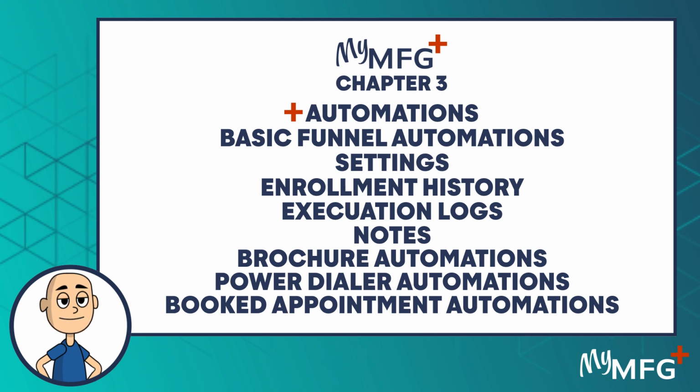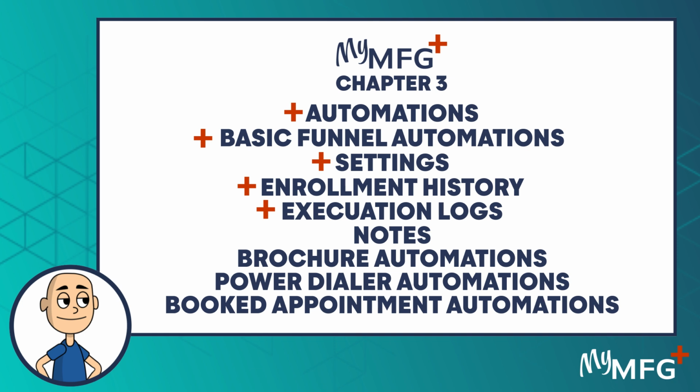This is really one of the key features inside of the MFG Plus CRM and allows you to really take your CRM to the next level by automating a lot of the tasks that you would normally do as an agent. So, we're going to go over some automations, some basic funnel automation, settings, enrollment history, execution logs, and those are the basics, right?